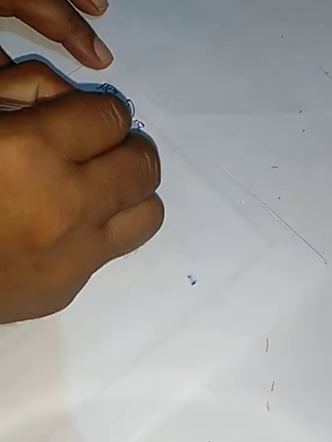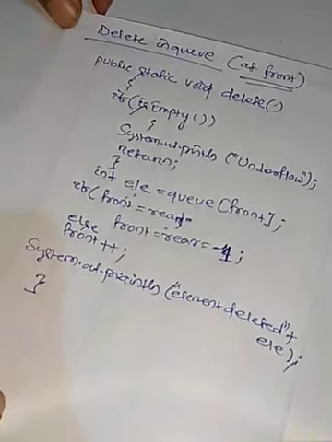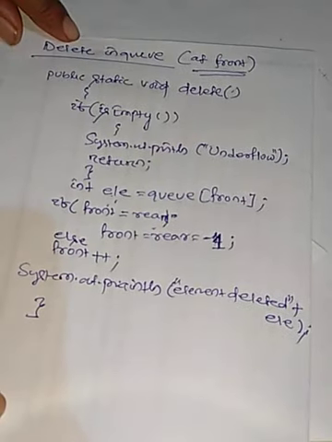What about displaying the queue? If the elements are already there and we want to display the queue, what can we do here? Let's see quickly. Before that, let's have a quick look at what we have written.